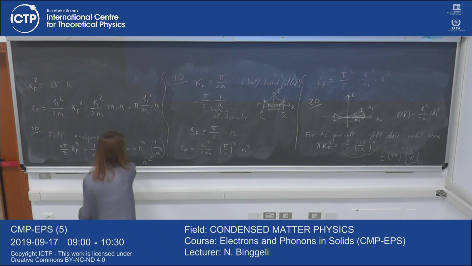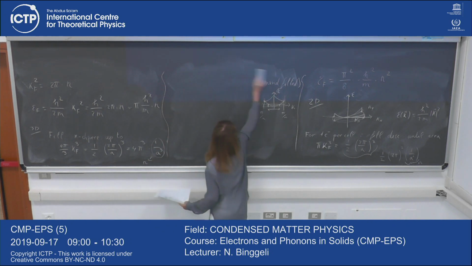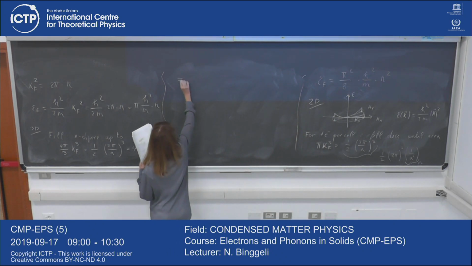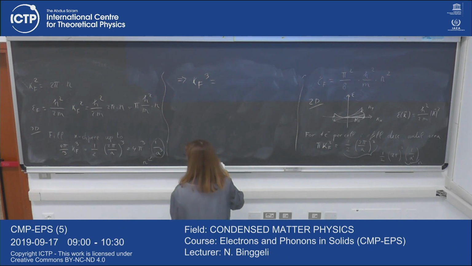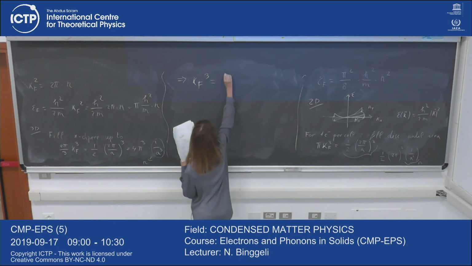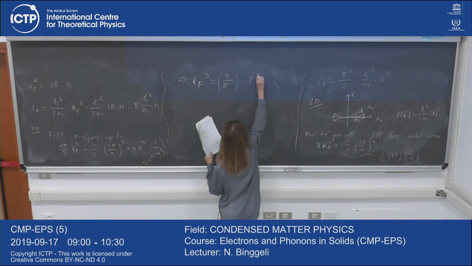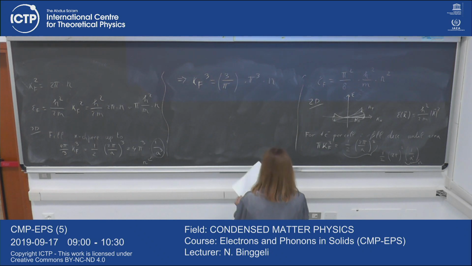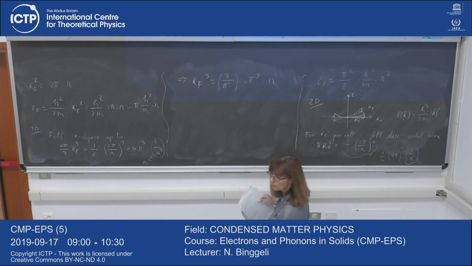So this gives me K Fermi cubed is equal to 3 over pi times, okay, I write it this way, pi cubed times n. Yeah, that's good. I think it's okay.